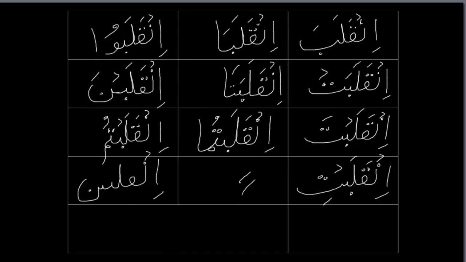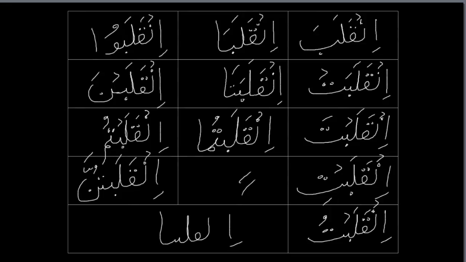Just because you knew the Nasara family, you should know basically everything else, because all you're doing is playing around with the ending. انقلبتن, over here is انقلبنا. What's the indication of Ana? It is انقلبت, انقلبنا.